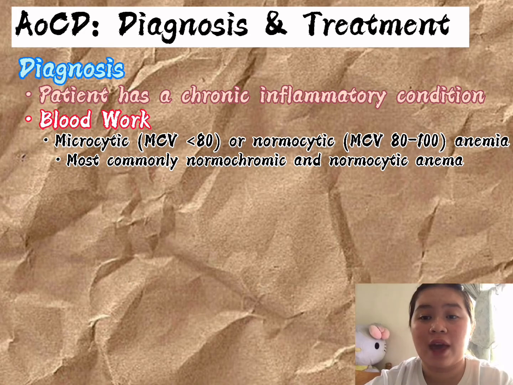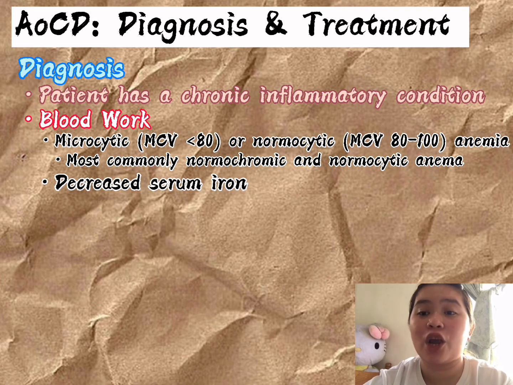We're also going to find decreased serum iron. This makes sense. If hepcidin increases, we're going to see decreased absorption of iron in the duodenum, and decreased release of iron from macrophages, so there's going to be iron trapping in macrophages.